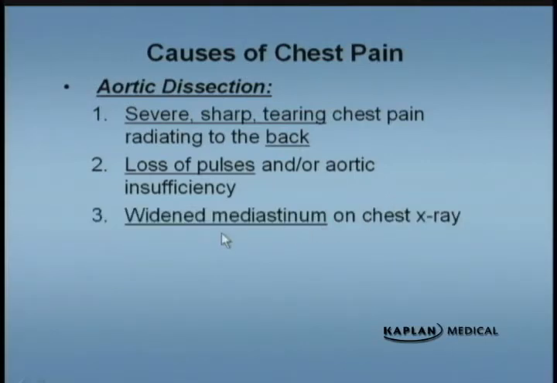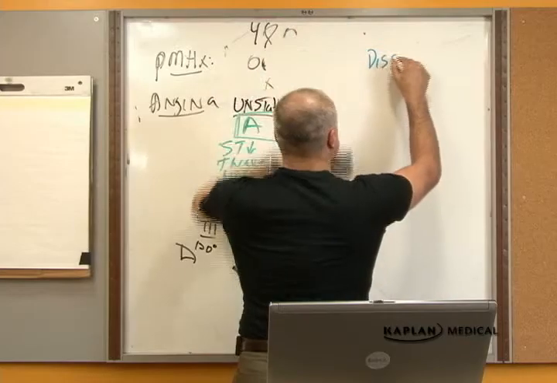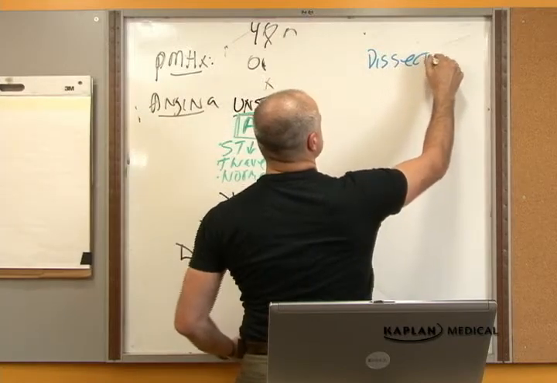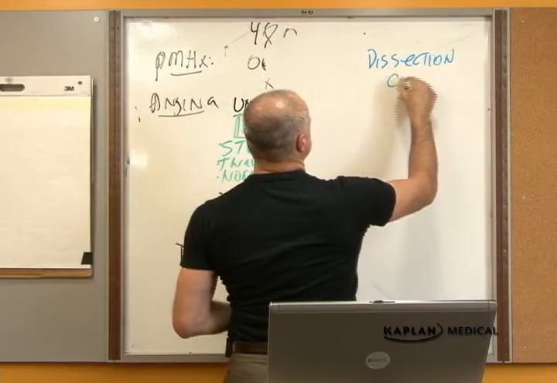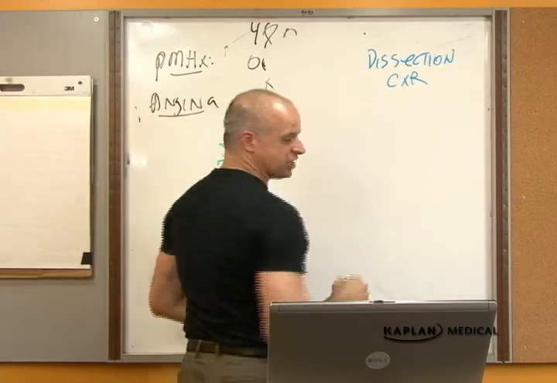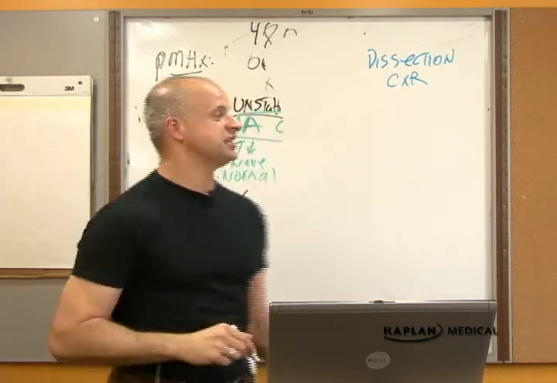Now, this is a very good thing here. Aortic dissection, wide mediastinum. Which of the following is the best initial test for suspected aortic dissection? The best initial test is a chest X-ray, looking for a widened mediastinum.